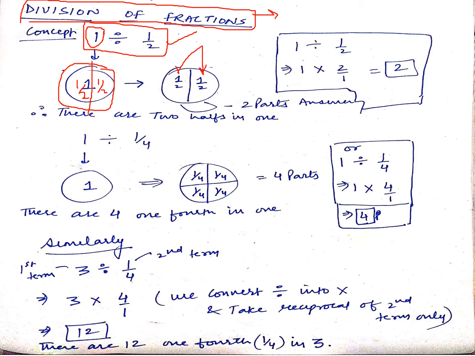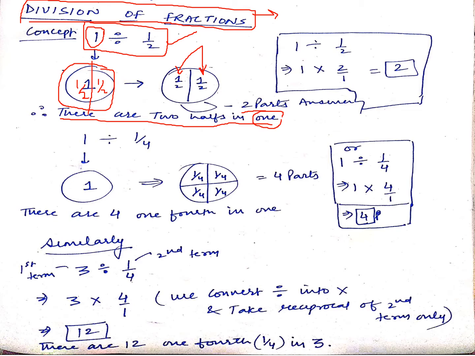You have got two parts. So we can say 1 divided by half means 2. That means there are two halves in 1. So we can say in a complete one, there are how many halves? Two halves, and that is the answer of this question.